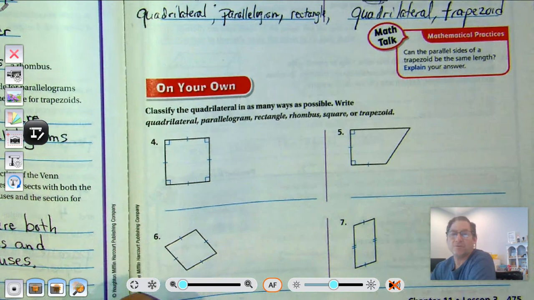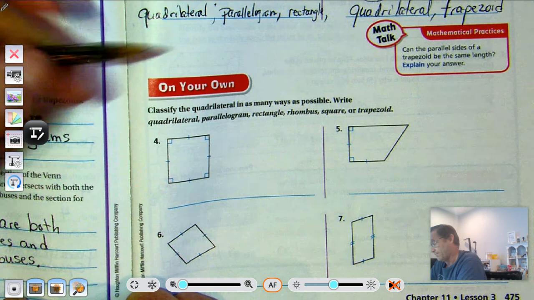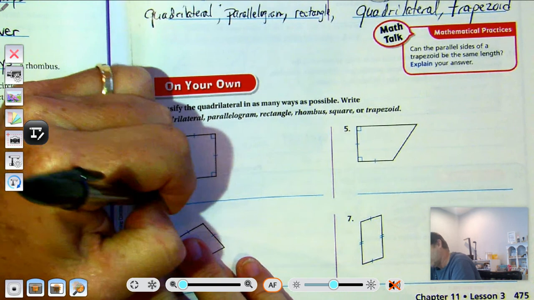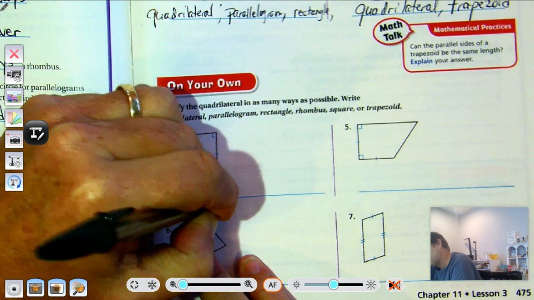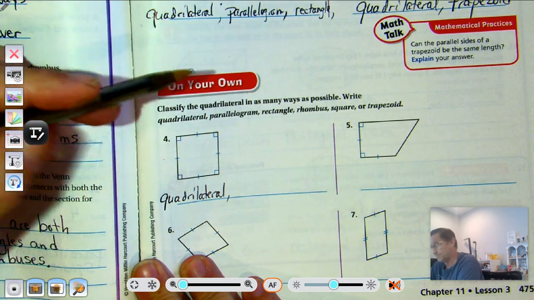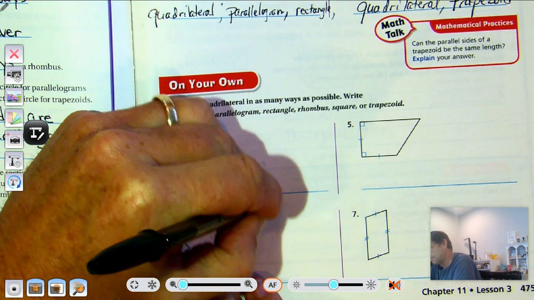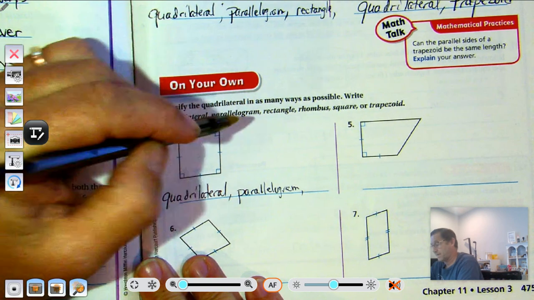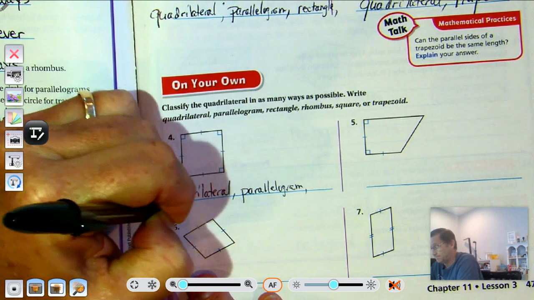All right, number 4. Classify the quadrilateral in as many ways as possible. Quadrilateral, parallelogram, rectangle, rhombus, square, or trapezoid. Okay, we know it's a quadrilateral, has 4 sides. It is a parallelogram because the opposite sides are parallel. It is a rectangle because it's made up of 4 right angles.